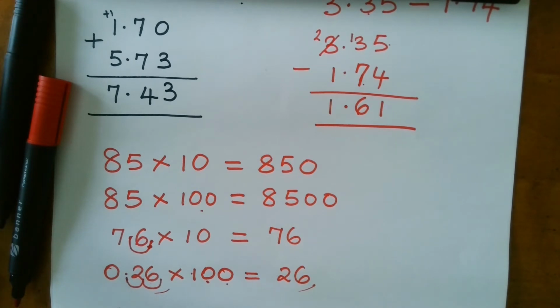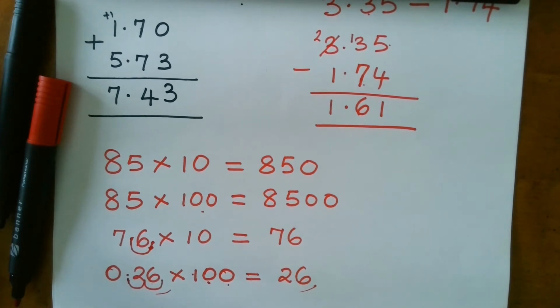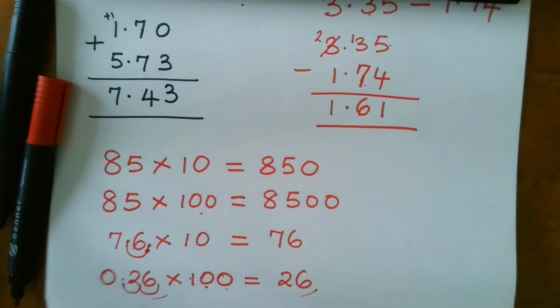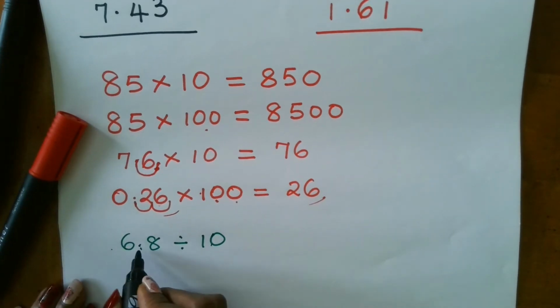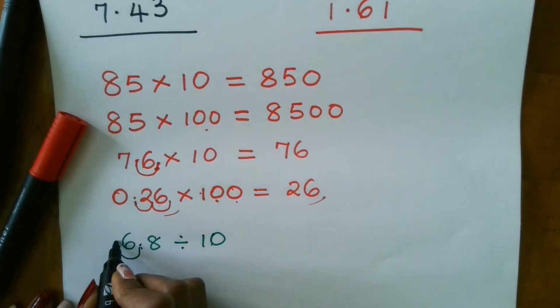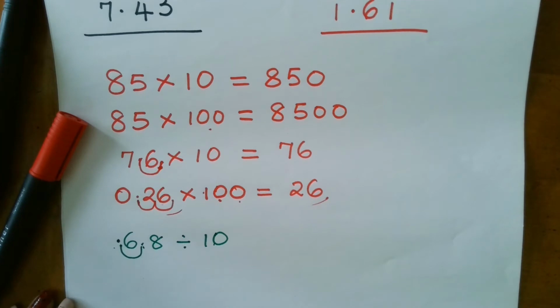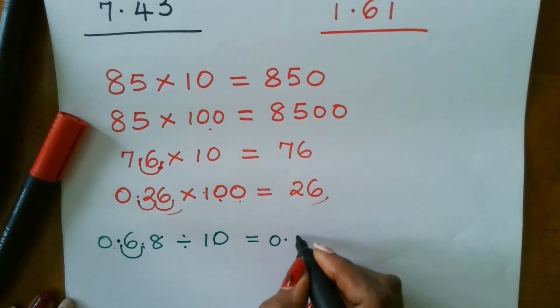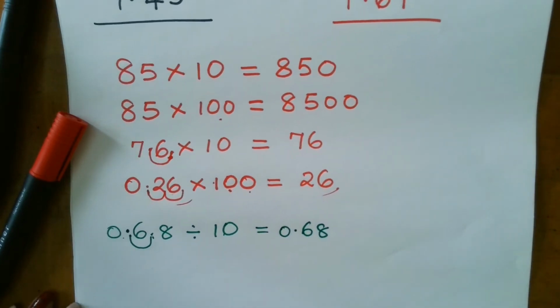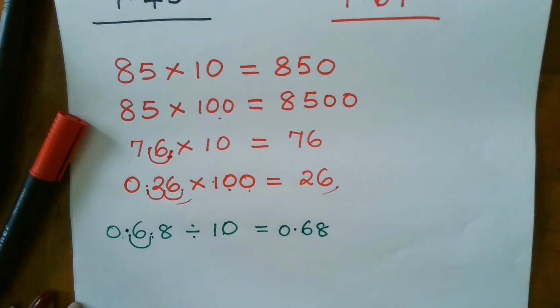Because it's division, I'm going to move 1 space to the left because I'm dividing by 10. And then I put my decimal point and add 0. So for this one, the answer is going to be 0.68.